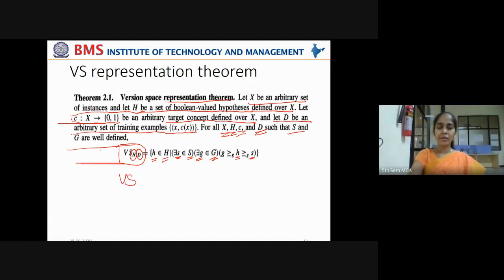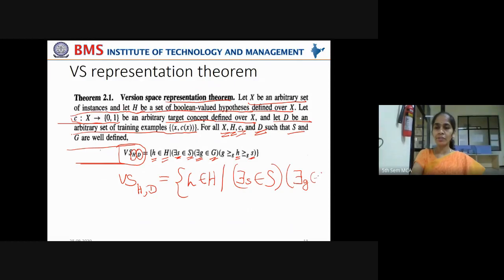Now you see this finally once. Version space with respect to hypothesis space H and the training examples D is defined as the set of all hypotheses that belong to the hypothesis space H such that there exists a specific hypothesis that belongs to the specific boundary set, and there exists a general hypothesis that belongs to the general boundary set, and also this general hypothesis should be maximal when compared to H, meaning more general than H, and H should be more general than the specific hypothesis in the boundary set S, capital S. This is how we define the version space with this theorem 2.1 that is given.